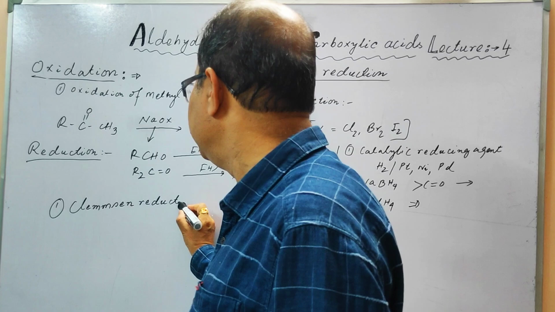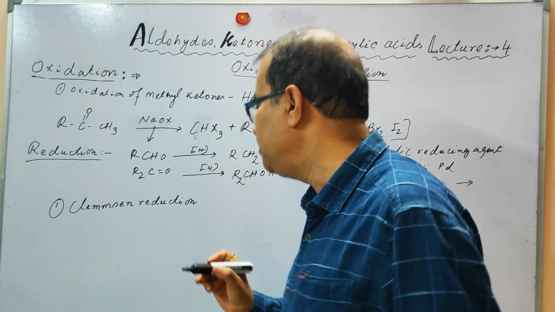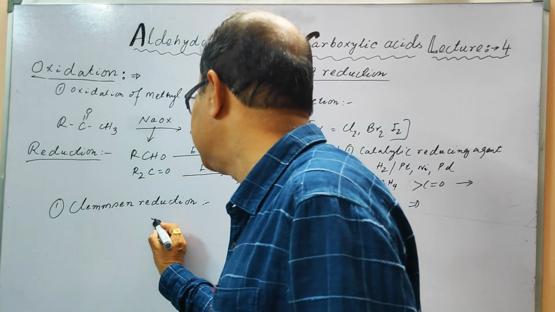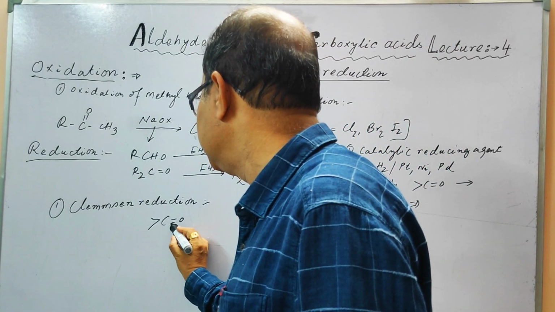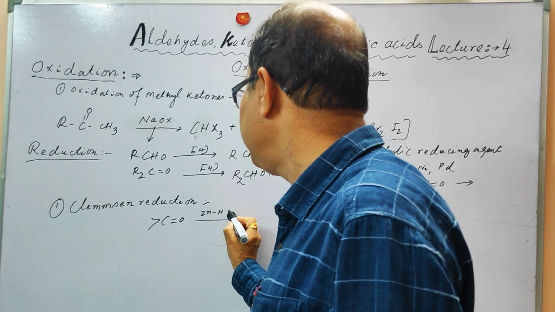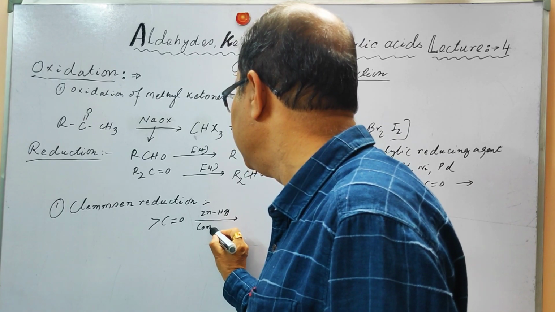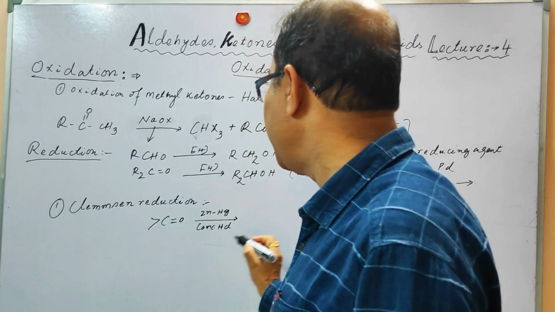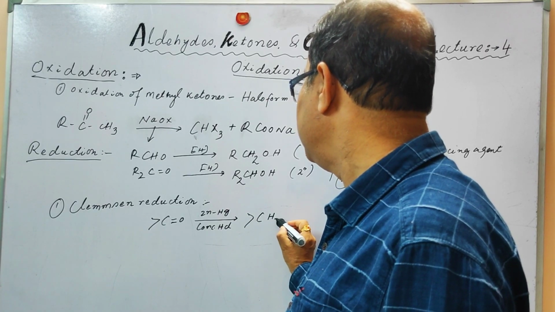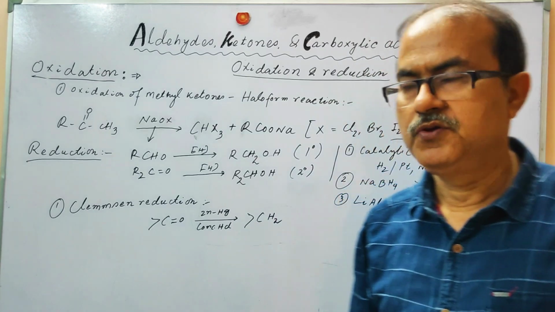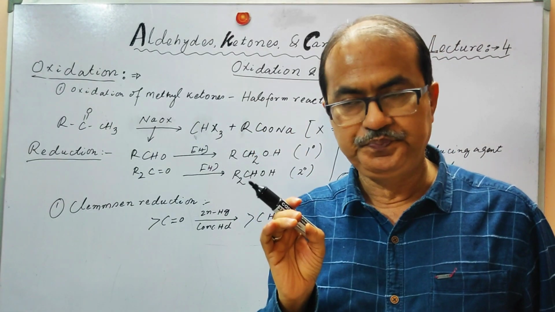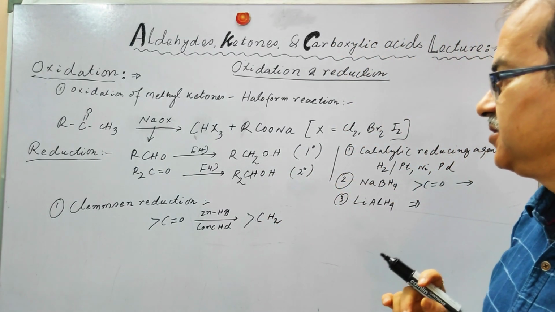In this case, the aldehyde or ketone is reduced in the presence of zinc amalgam and concentrated HCl. This carbonyl group will be reduced to a hydrocarbon. So an alkane can easily be prepared from an aldehyde or ketone with this Clemmensen reduction.